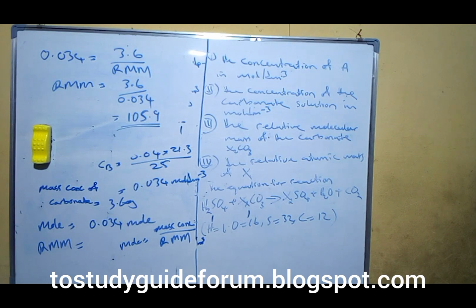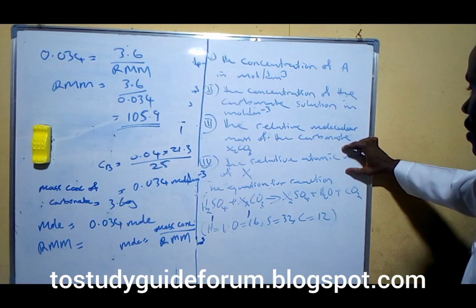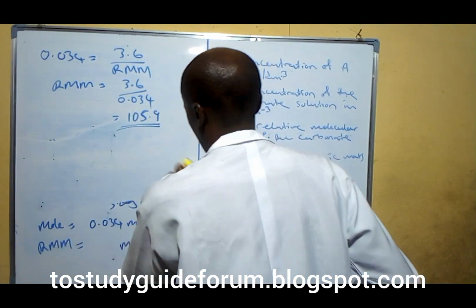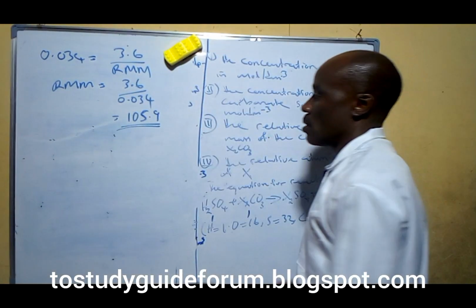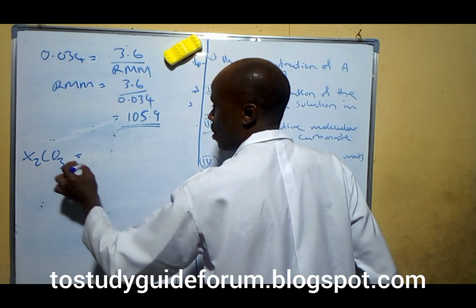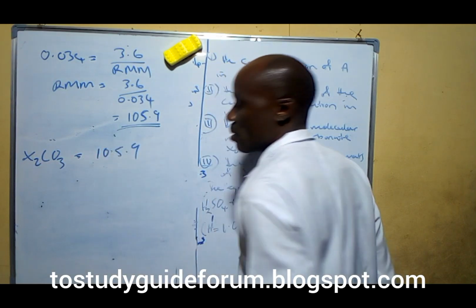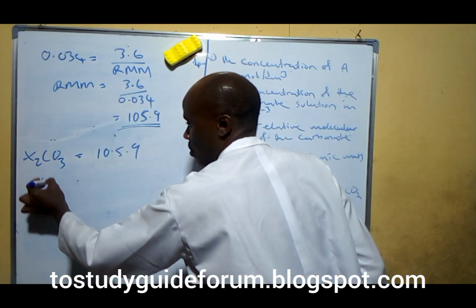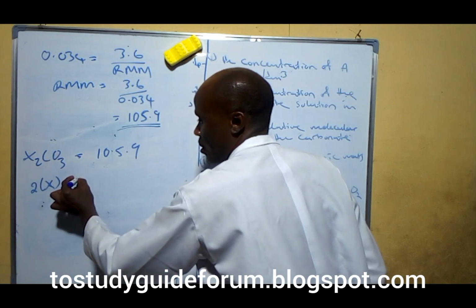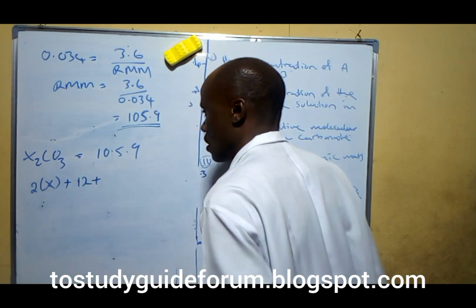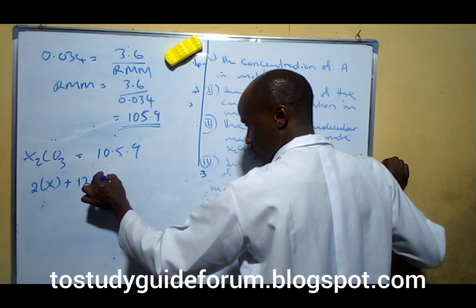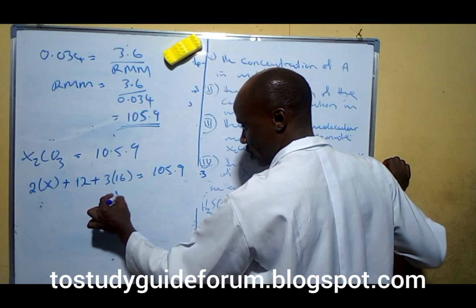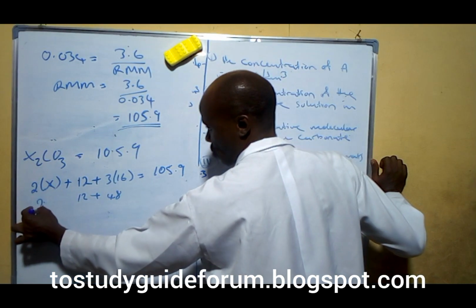So the next one we are going to do here is to calculate the relative atomic mass of X. Now, because the compound is X2CO3, it is 2 times X, plus carbon, which is 12, and oxygen, which is 16 times 3.